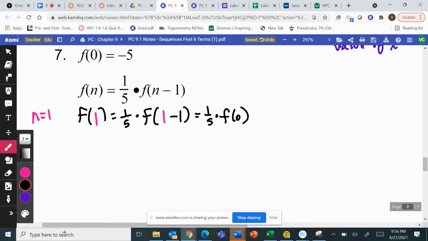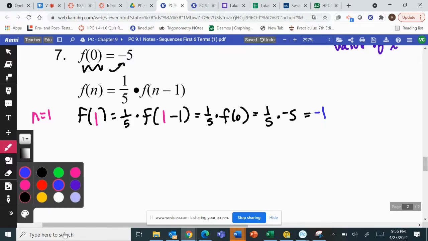And we already know what f of 0 is defined as. That's negative 5. So now I'm going to have 1/5 multiplied by negative 5, which is negative 1. So this is no different than the ones that we were doing previously. It just is in function notation instead of regular notation.